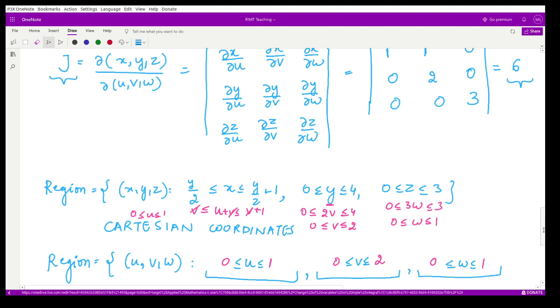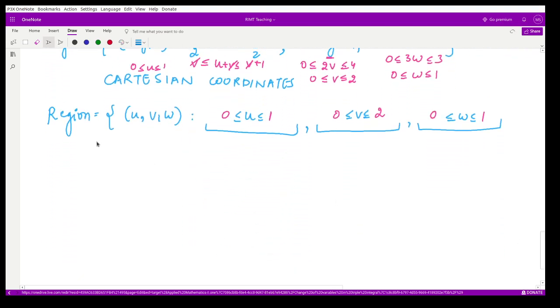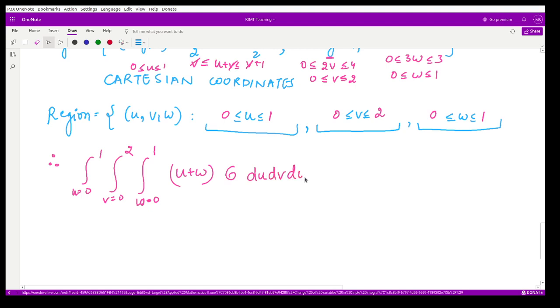So your region has simply these limits. Therefore, the new integral has the limits of u from 0 to 1, the limits of v from 0 to 2, and the limits of w from 0 to 1, with u plus w, the value of Jacobian that is 6, into du, dv, dw.